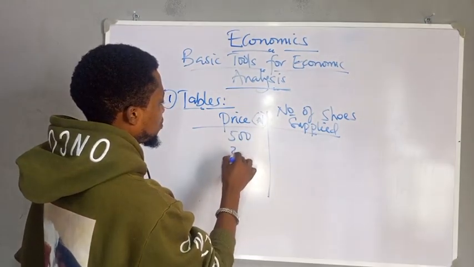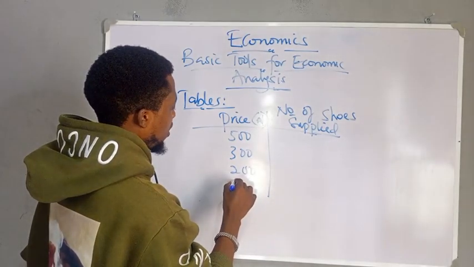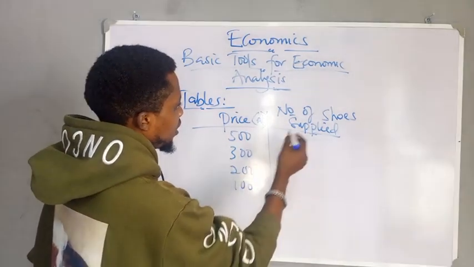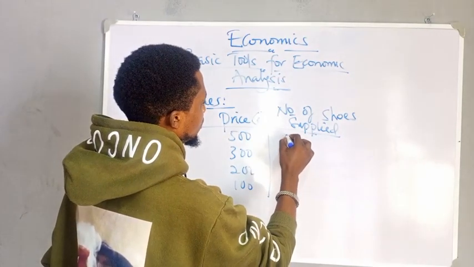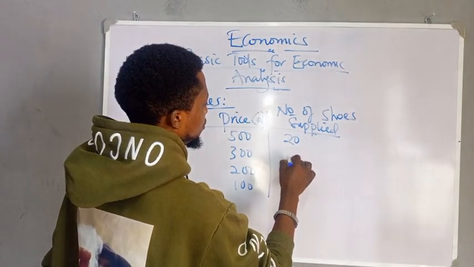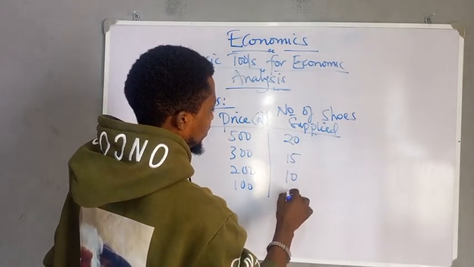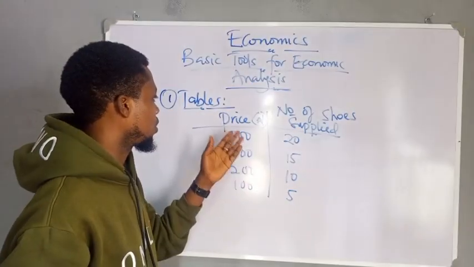Let's say we have 300 naira. Let's say we have 200. Let's say we have 100 naira, and here we have, let's say 20, 15, 10, and 5.